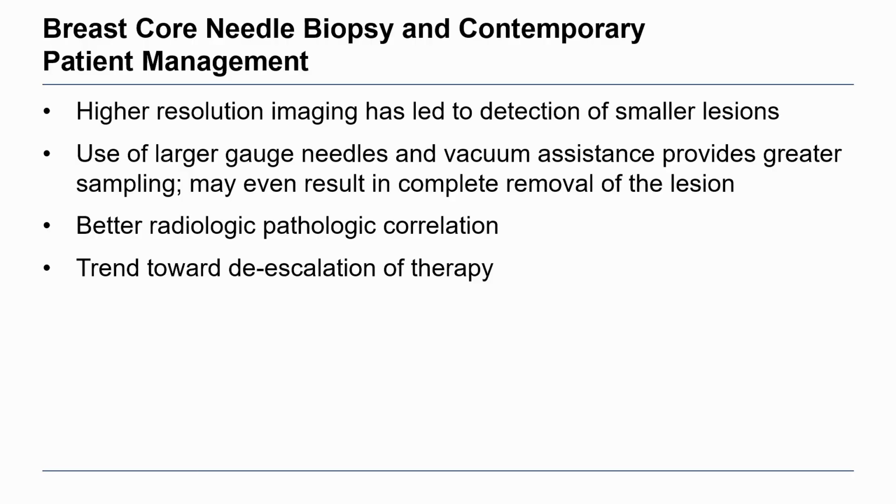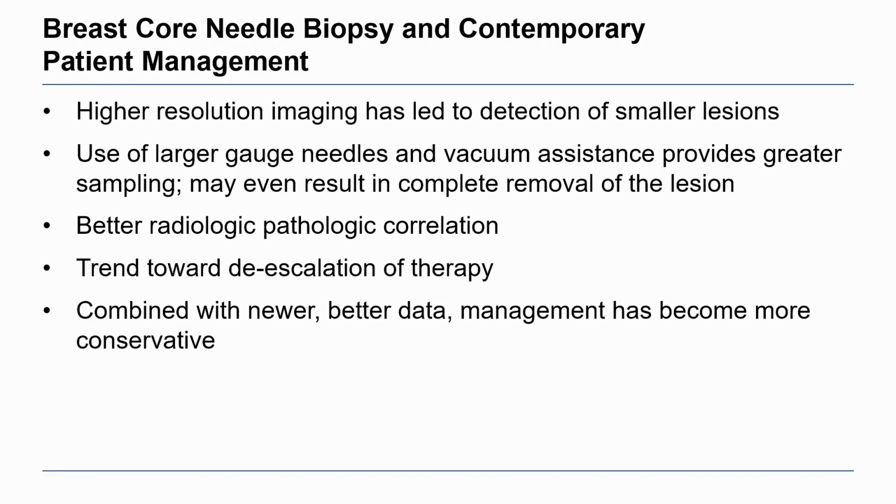And you'll be well aware of a trend toward de-escalation of therapy, at least on the malignant side, and I think that's crossing over for benign lesions also. All of this, combined with newer, better data, has made management much more conservative. And as Dr. Brogi mentioned, there are fewer opportunities for that second look to check your diagnosis if patients are receiving decisions based on the core needle biopsy.